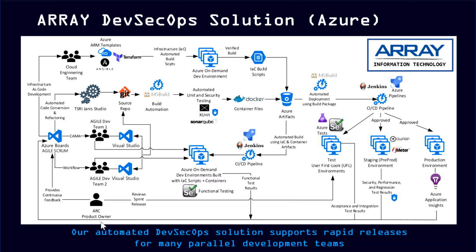Remember, product owner comes from the Agile term. This product owner is a customer person or organization, but really a person that owns the product, that is laying out the priorities and the evolution, breaking down their needs onto these agile scrum boards and then feeding it to these many teams, 7 teams here, 8, 9 teams at least, maybe 10 teams, working in parallel and in an orchestrated fashion to make sure things are coming together at the right time down into the Azure artifacts for the ultimate UFL, or user first look, to staging to production release.